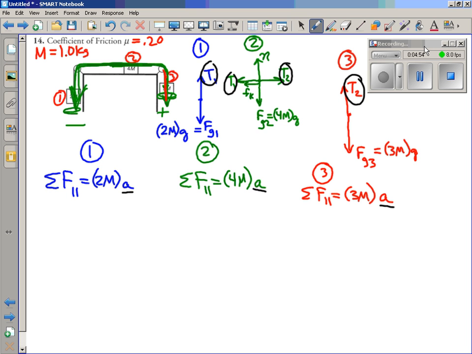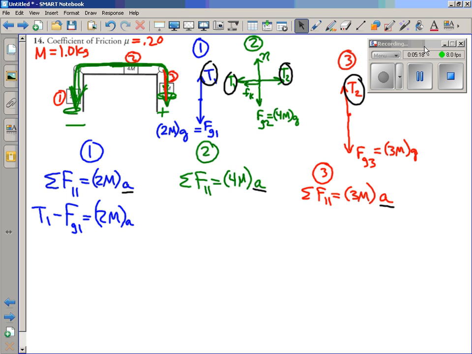And if we start looking at specifically the forces that are acting parallel to the direction of motion. For object 1, if you look at our free body diagram, you have tension 1 acting in the positive direction, and you have the force of gravity acting in the negative direction, and that equals 2m times acceleration.